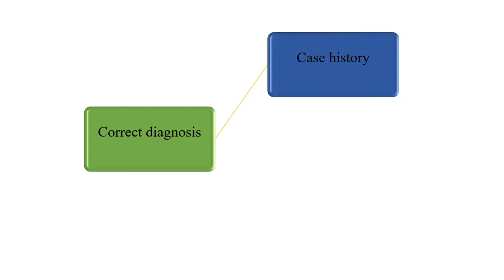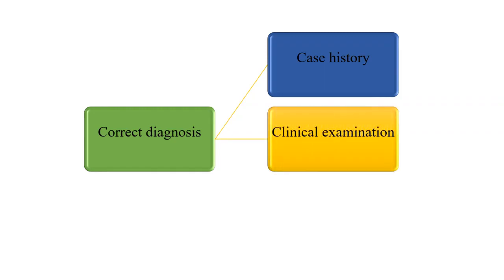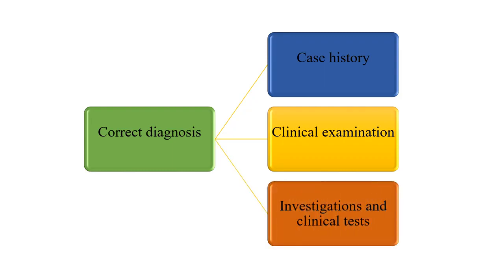The first is eliciting a proper and thorough case history. The second is the clinical examination. Now, based upon the case history and clinical examination, it will help us decide what are investigations and clinical tests we are going to do. And all these three together will help us in arriving at the diagnosis.